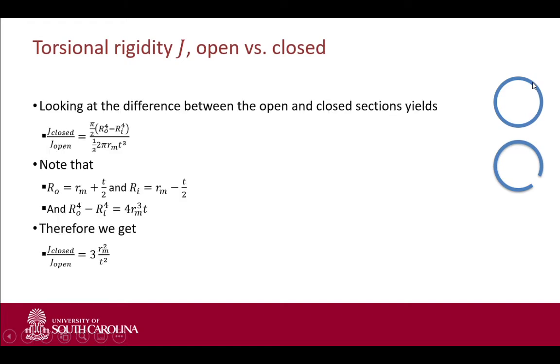We plug that in, and we can compare the difference between the closed section and the open section. We can continue comparing the two, and we can drop the pi's. At the end of the day, if we compare our closed section with our open section, we can see that the ratio is equal to 3 times the midpoint radius over our thickness squared.